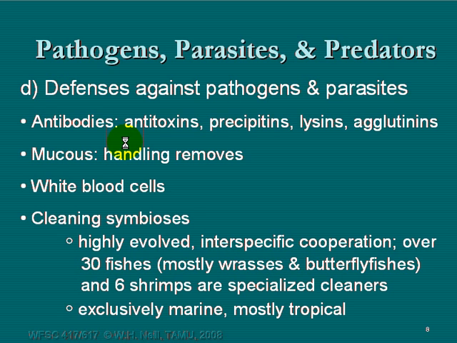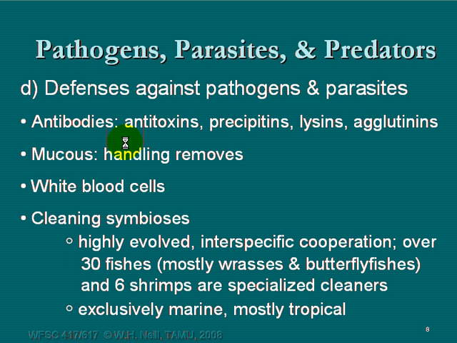But one of the things that happens when you handle fish is you break that mucus layer, and that exposes the fish to attack by things like bacteria and fungi. White blood cells scavenge blood-borne foreign bacteria and things like that.